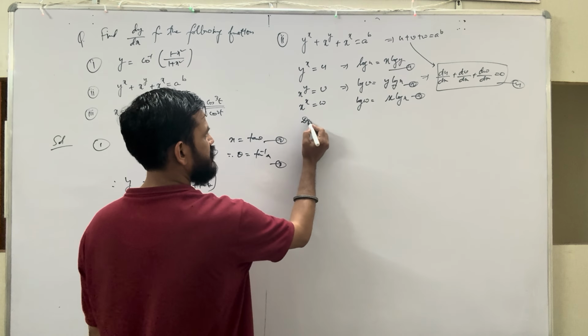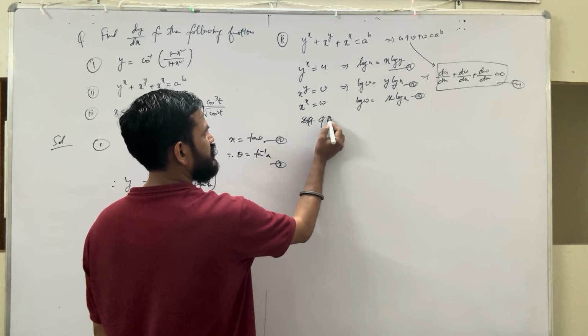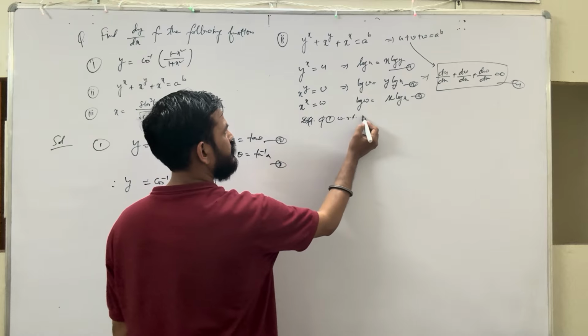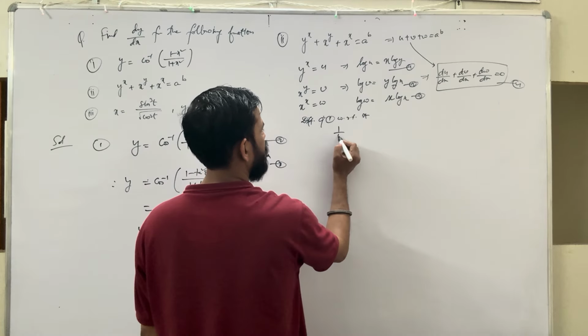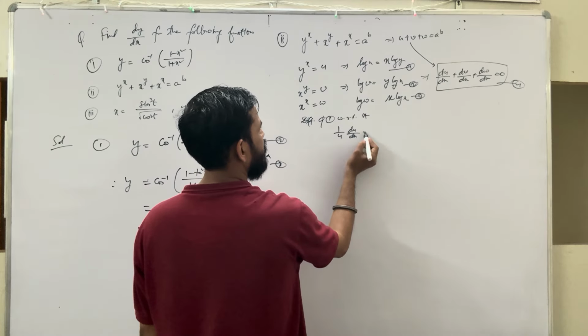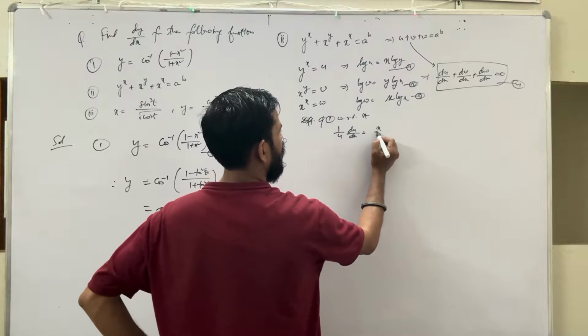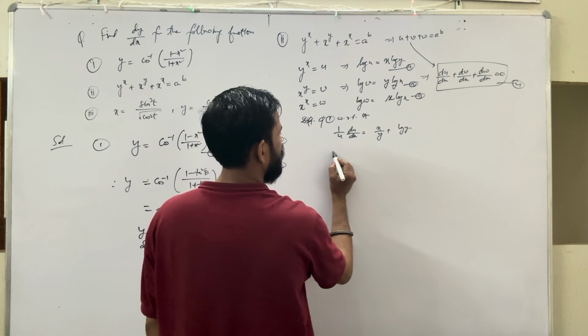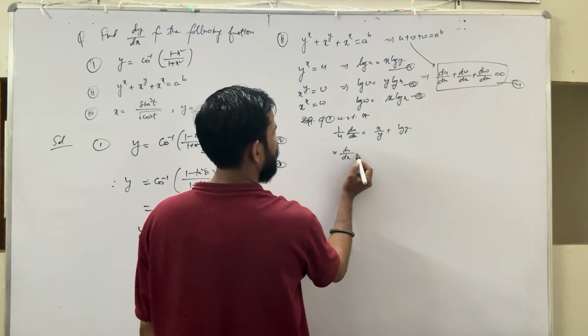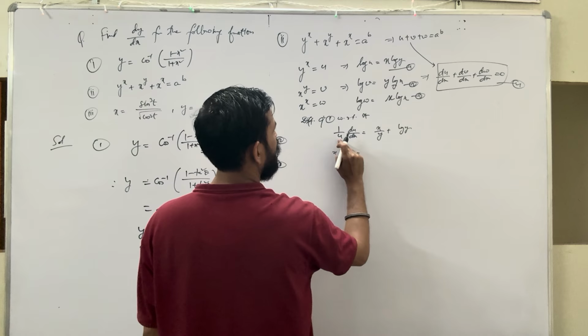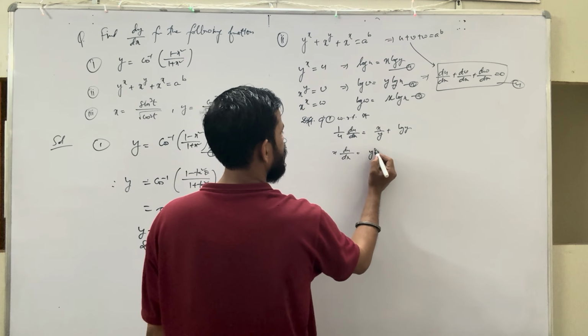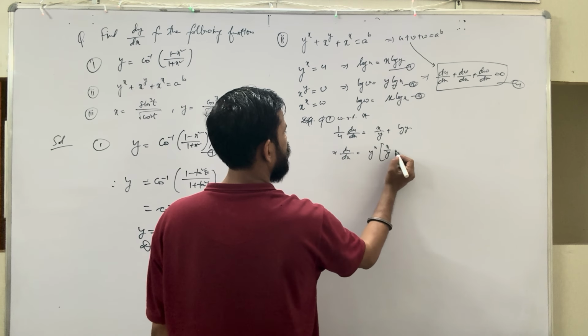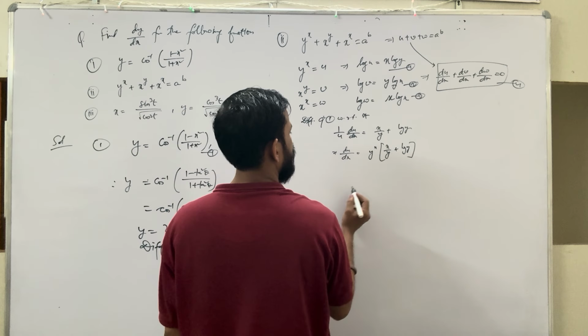Differentiating equation 1 with respect to x, we get 1 by u du by dx equal to x by y dy by dx plus log y. So du by dx becomes, you cross multiply u. What is u? u is y to the power x. So y to the power x times (x by y dy by dx plus log y).